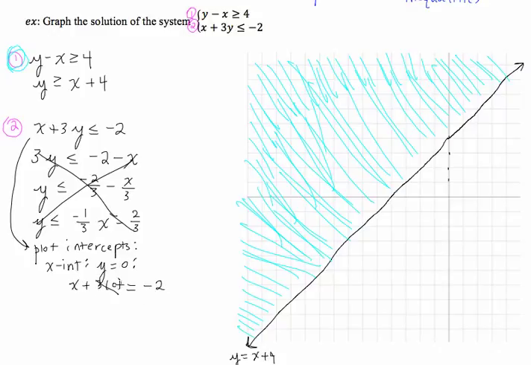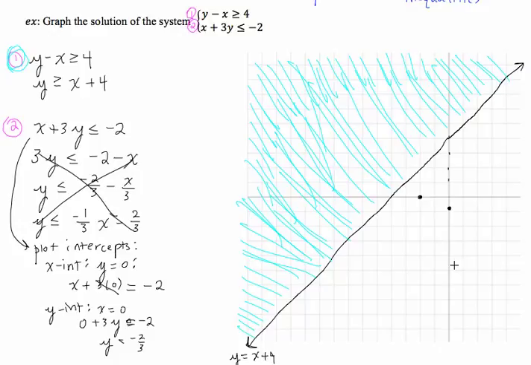We get x equals negative 2. So that's the intercept for that line, negative 2, right there. Okay, the y-intercept is where x equals 0, so that would be where 0 plus 3y is equal to negative 2, because I'm graphing a line. Solving for y, we get y equals negative 2/3. Actually, I should have already known that from finding the y-intercept up here. Negative 2/3 is about right there.